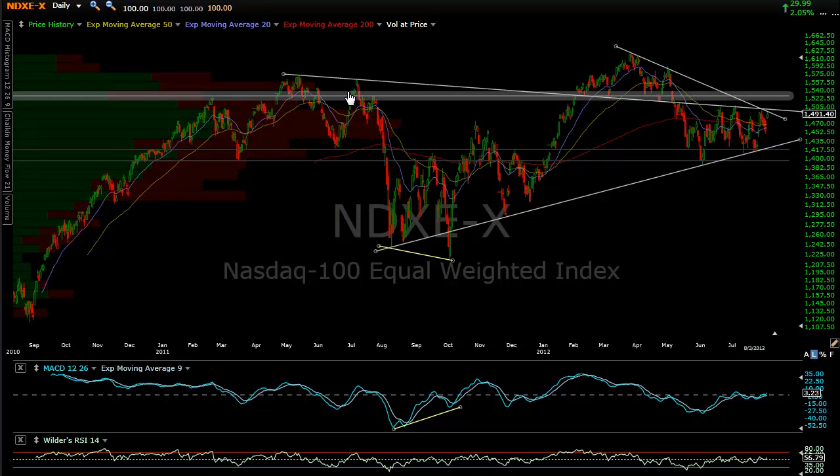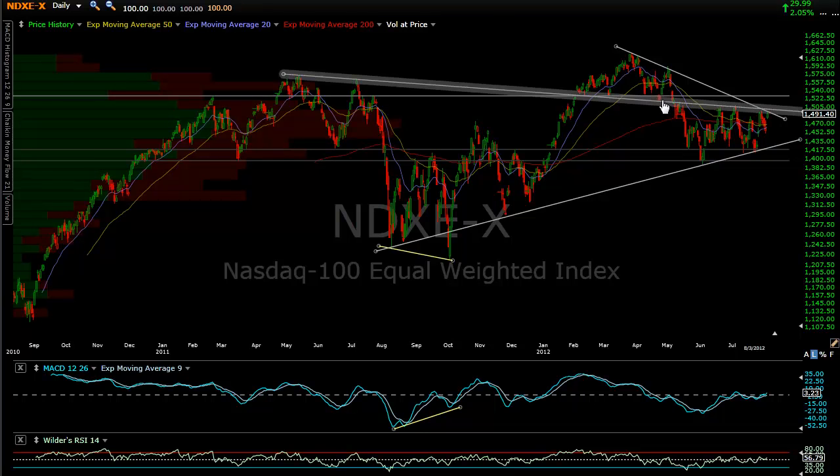As you can see, we have 1, 2, 3, 4, 5 touches. Then once that downtrend line broke, prices broke above here, found support against it, bounced down, finally broke below, and has since bounced in this range and has continued to find resistance time and time again. 1, 2, 3, 4, and we're almost up there again.